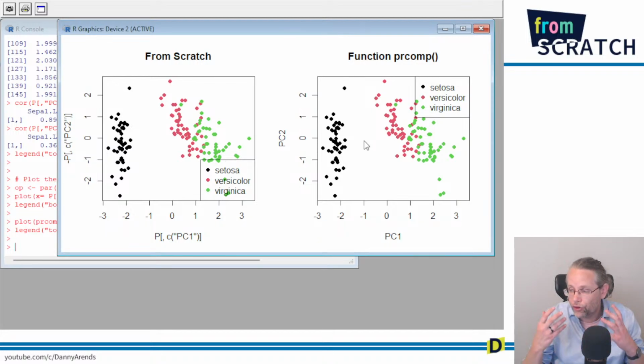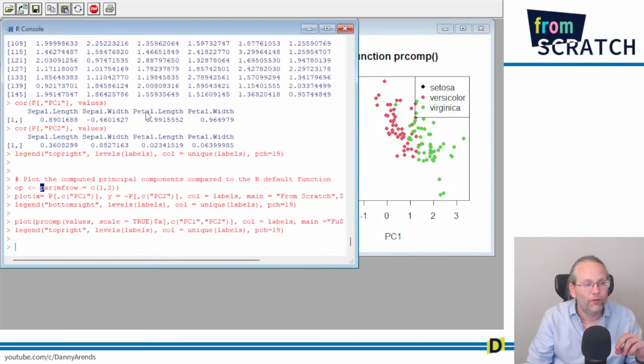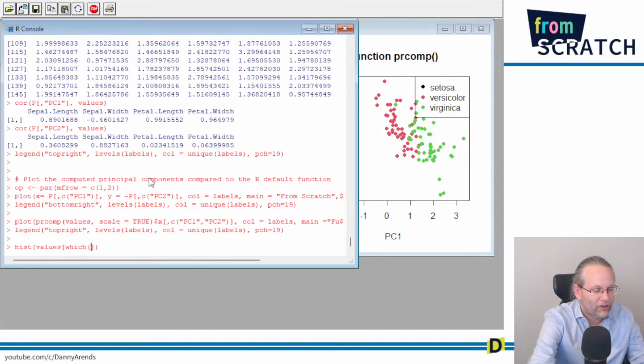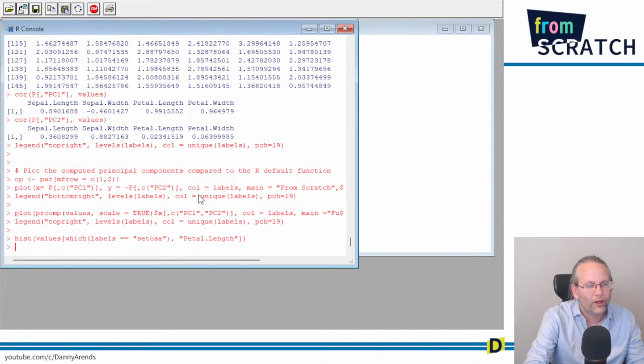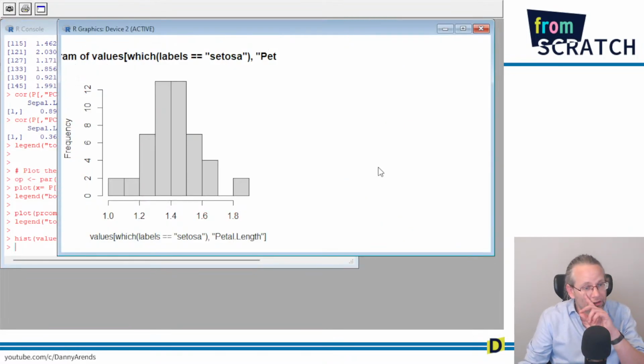So if we look at the data, for example the petal length, I would assume that if I make a histogram of the values, where the label is setosa, and look at petal.length, this is a histogram of the setosa petal length.